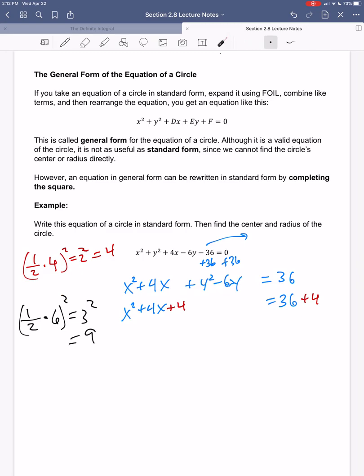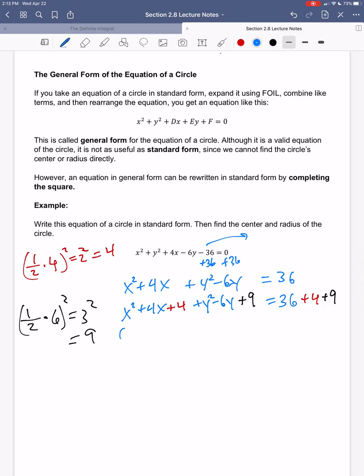Now you could say, oh, you made another mistake there, it should really be negative 6. Well, I don't really have to worry about that. Half of negative 6 would be negative 3. Negative 3 squared is still positive 9. So that's really not very critical. So I would get my y squared minus 6y, but then I'd have to throw in a plus 9, and whatever I do to the left, I have to do to the right.